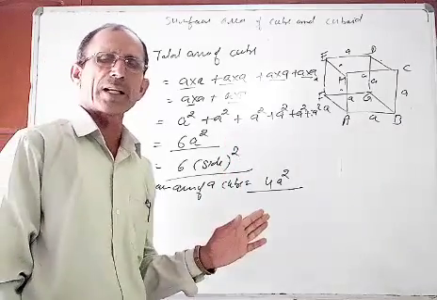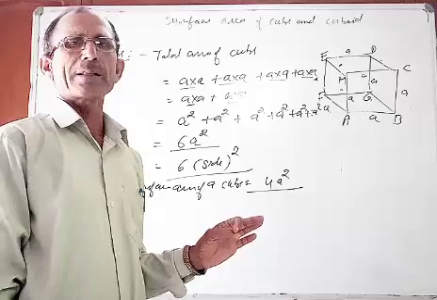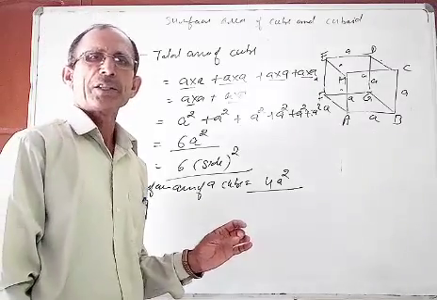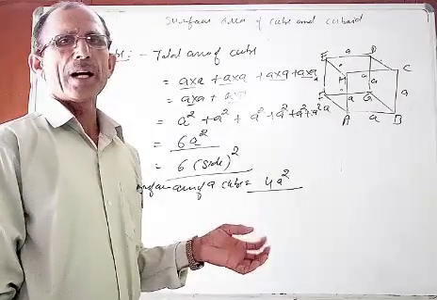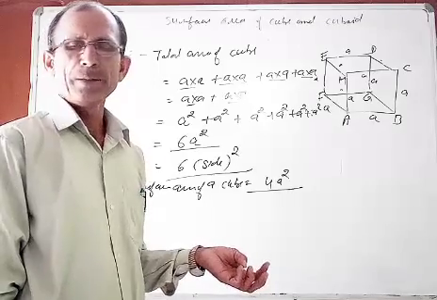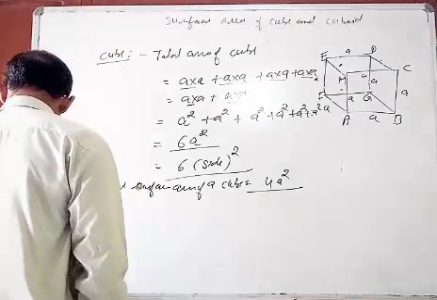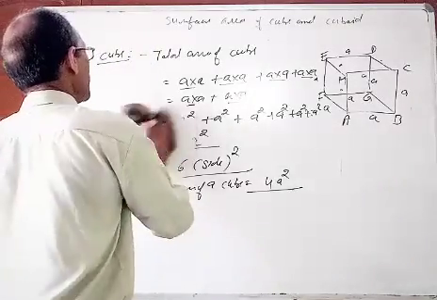Now some questions related to areas we will solve. Exercise 12.1, in which you will find the total area or lateral surface area of cube and cuboid. Now one question.